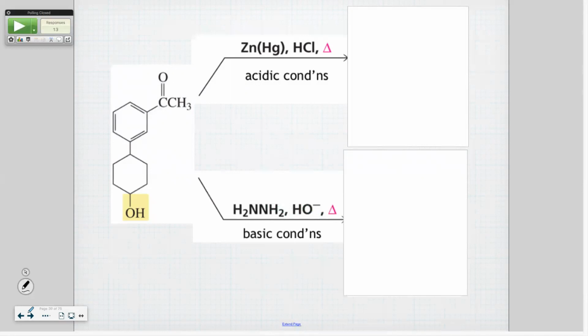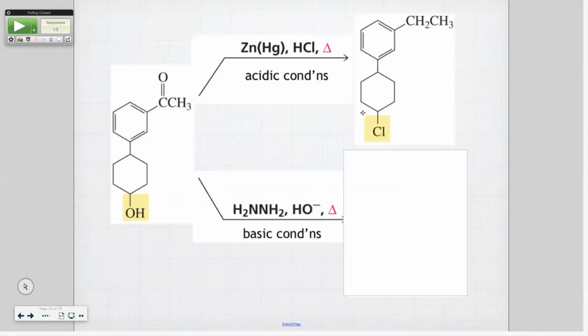Any idea? Well, notice we reduced it at the top, but what happened to our alcohol? Right, because it reacted with HCl. So remember those old reactions? They come back to haunt y'all. Alcohol plus HCl gives RCl.